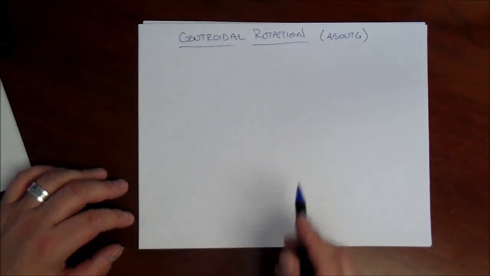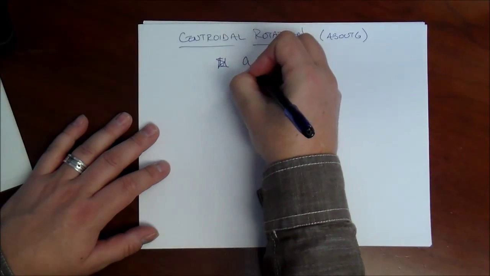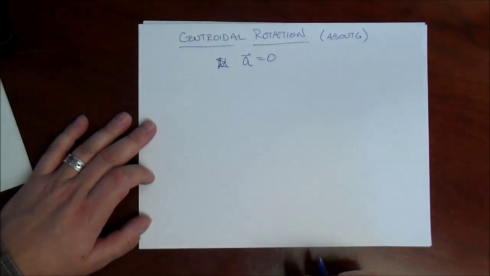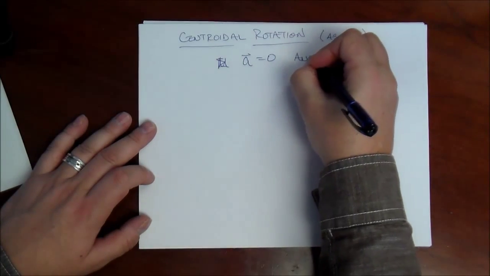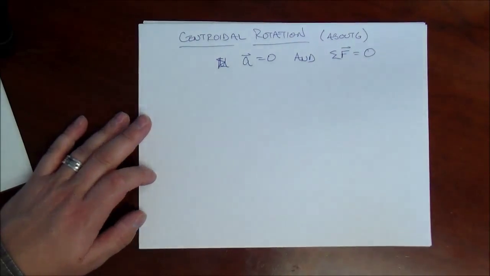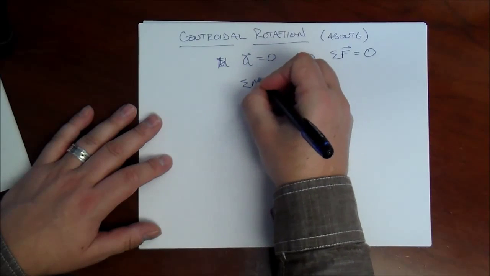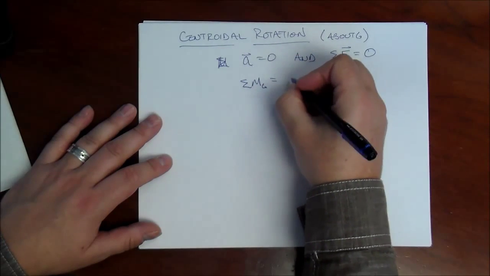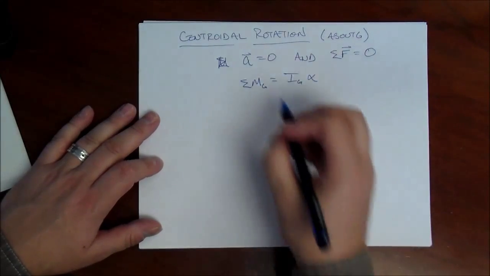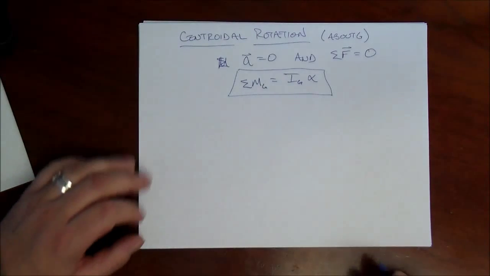In this case, the acceleration of the mass center, right, is equal to 0, and therefore the sum of all forces in both x and y direction are equal to 0. And the only equation left is that the sum of all moments about the mass center is equal to the mass moment of inertia times alpha. So that's the only equation for centroidal rotation.